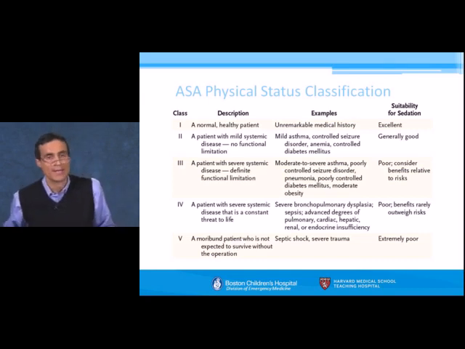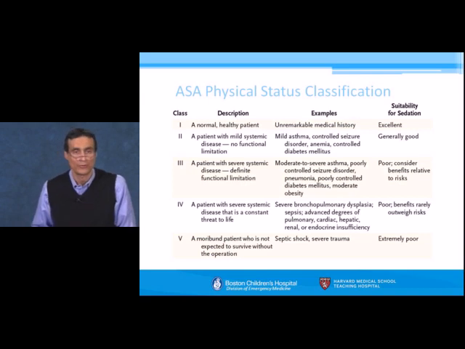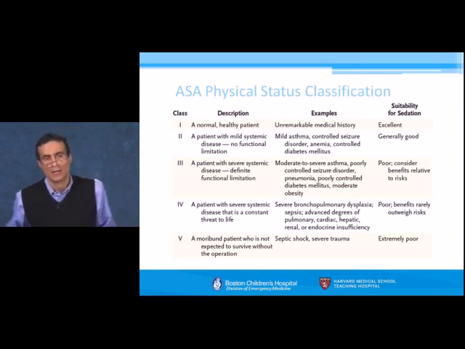Now, this is the ASA physical status classification, and you can see basically there's a description of the type of patient that would be in each class, an example, and their suitability for sedation. Primarily, ASA Class 1 and 2, and in certain circumstances, ASA Class 3 are candidates for procedural sedation.